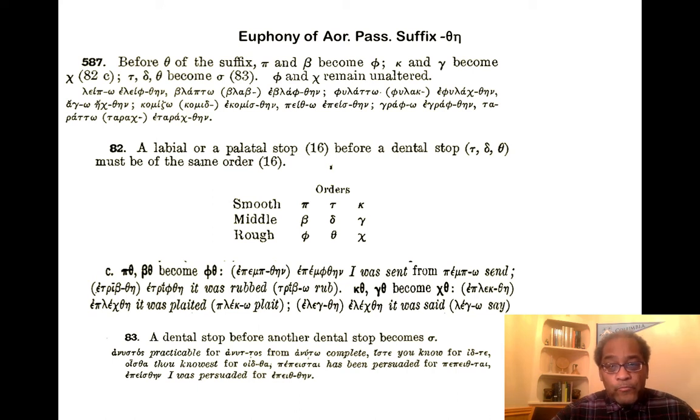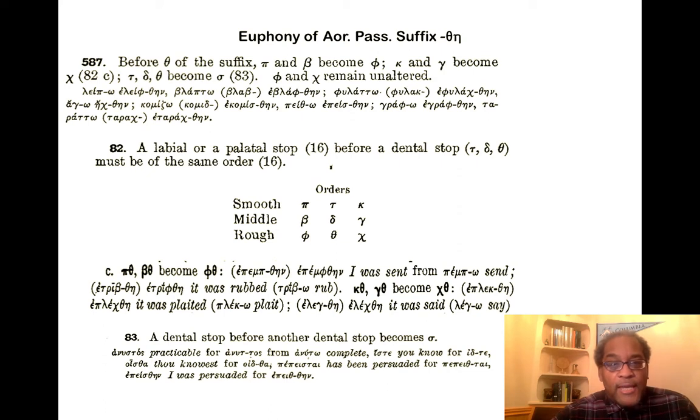And so any palatal or labial stop before that theta has to become either phi or chi, because the rough order, it will convert from middle or smooth to a rough order in order to agree with the roughness of the theta.